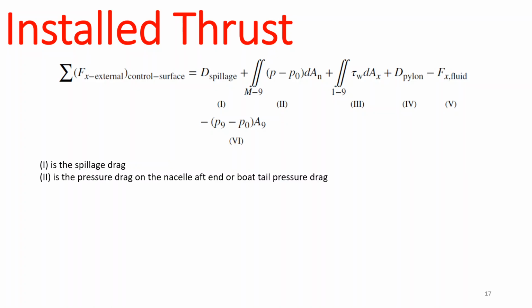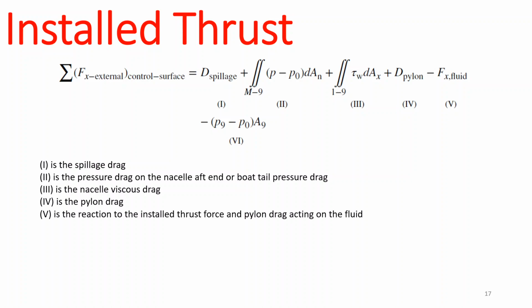Part 2 is the pressure drag on the nozzle aft, or the boat tail pressure drag. Part 3 is the nozzle viscous drag. Part 4 is the pylon drag. Part 5 is the reaction to the installed thrust force and pylon drag acting on the fluid.